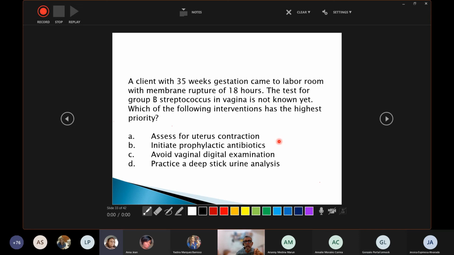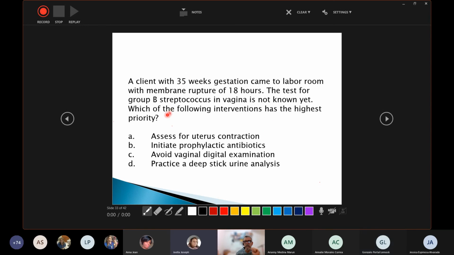It could be meconium, it could be an infection. The suffering is the reason for infection. The patient goes to the labor room. I don't know whether to initiate the prophylaxis or assess the uterine contractions. What do you do with assessing the uterine contractions? I need to know if the patient is in labor or if we need to induce labor, because after that I would take the prophylaxis.